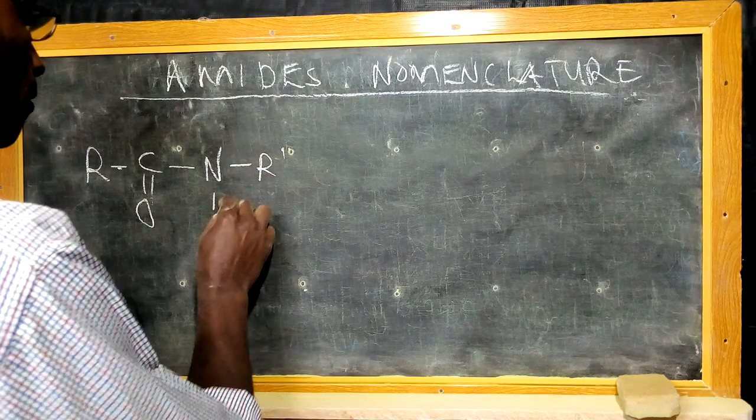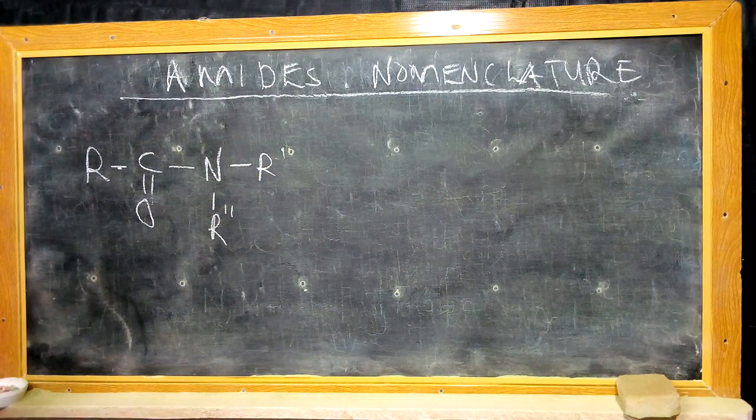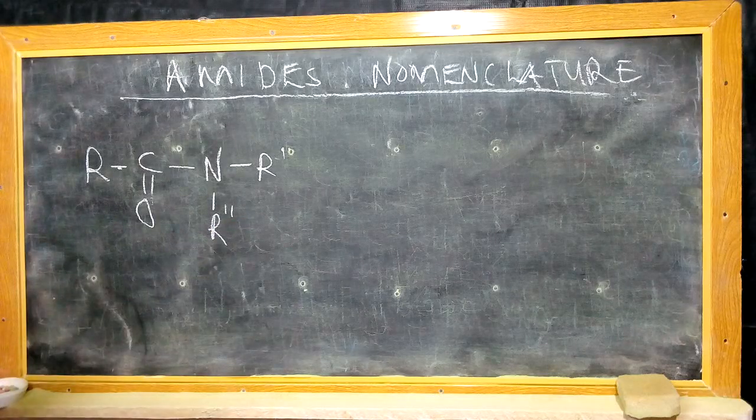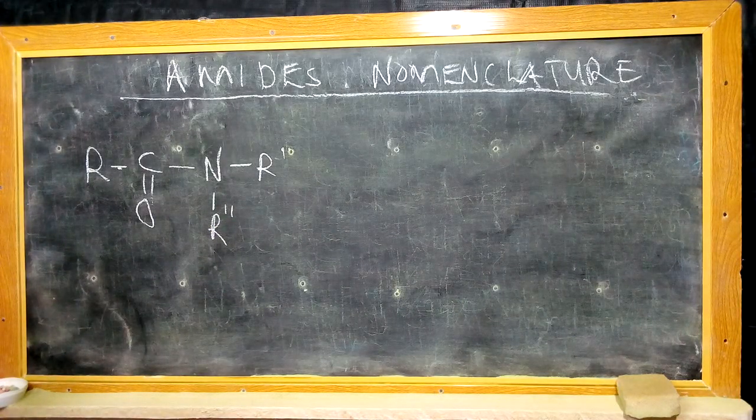Here we have R prime and R prime prime to indicate the two radical groups which are joined to the nitrogen group. Of course, we talked about the primary, secondary, and tertiary substitution on that nitrogen group.